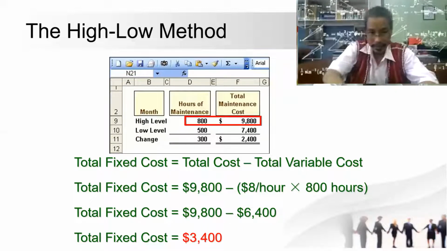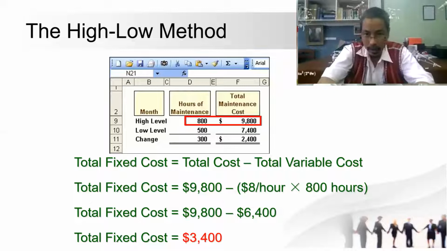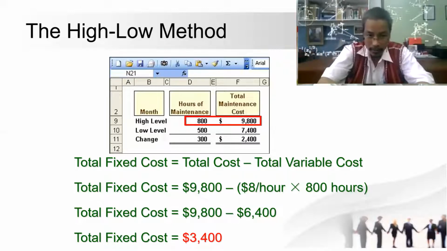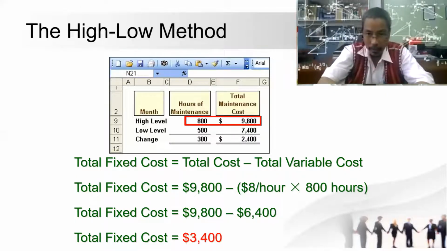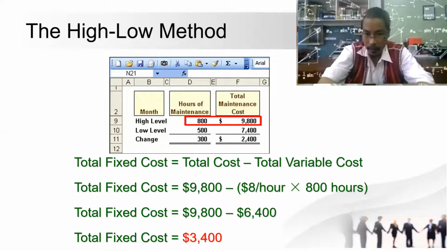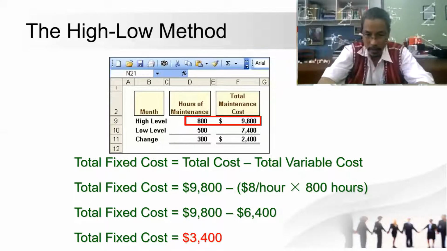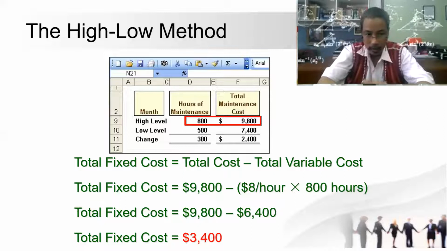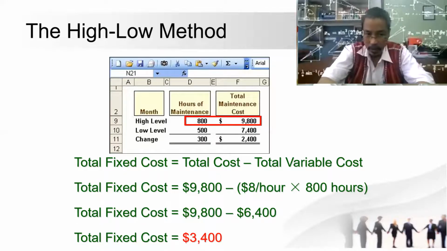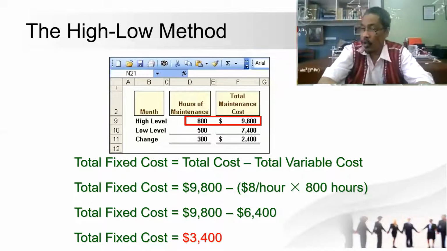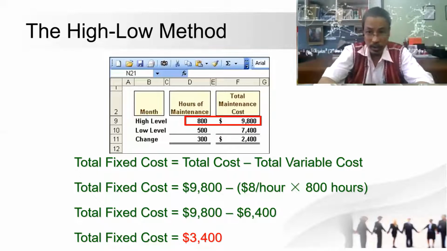So it would lead us to 9,800 minus 6,400, and therefore the result would be 3,400. So that is our total fixed cost. That is how we solve for the fixed cost component.